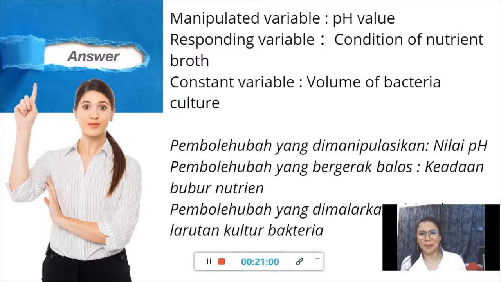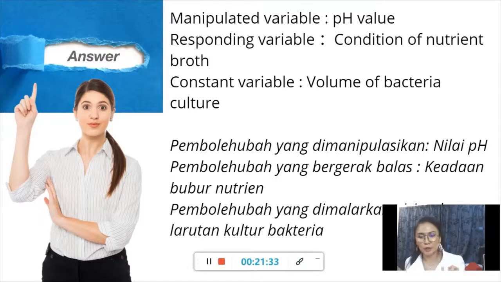Some students might ask, hey teacher, if I write more than one, will I be marked wrong? Usually this confusion arises from my students. No worries. You may answer more than one. For example, your constant variables. Besides volume of bacterial culture, the type of bacteria involved must also be constant, right?